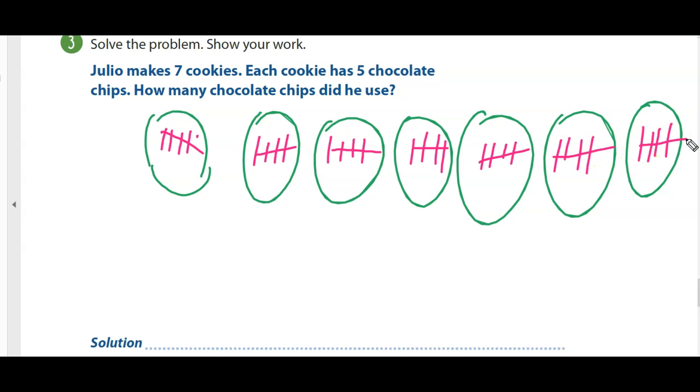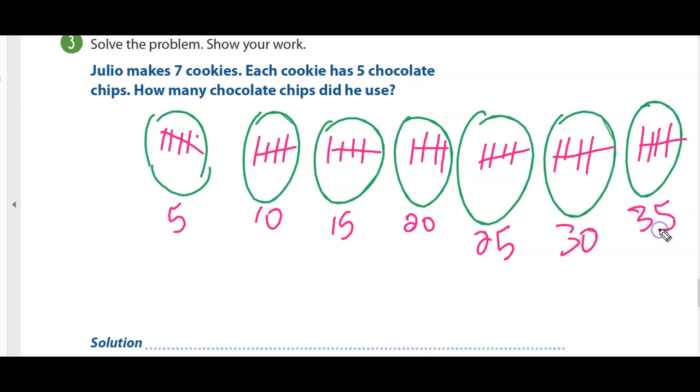And then count by 5, right? Or skip count. Okay? So I got 5, 10, 15, 20, 25, 30, 35. So how many chocolate chip cookies did she use? 35. What would be my multiplication sentence? 7 times 5 equals 35. That's what I have.